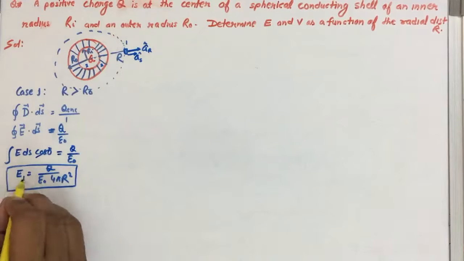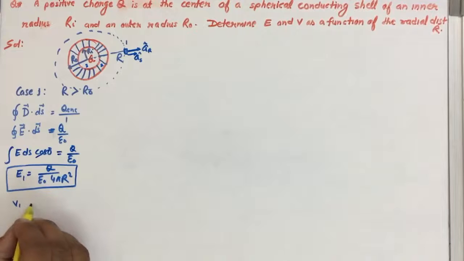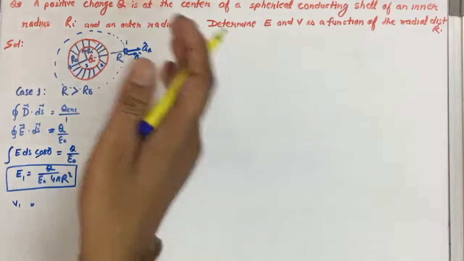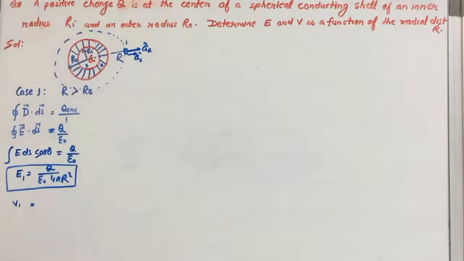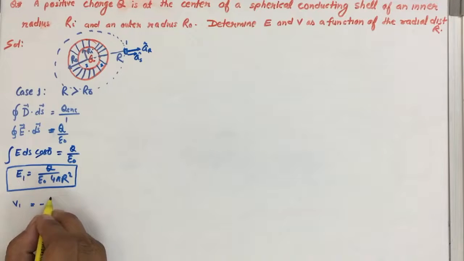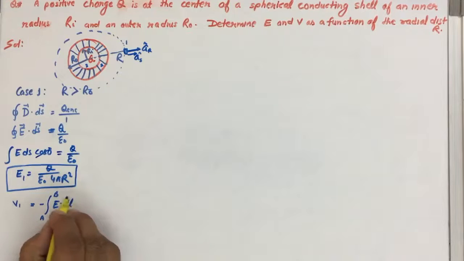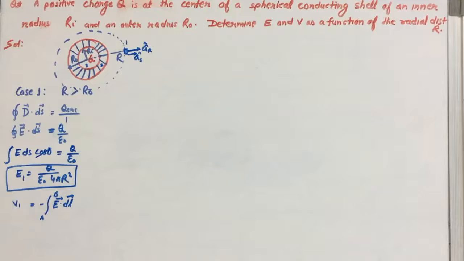So E at 1 is this, and V1 will be, we know one formula, to bring the charge from any point to this point will be potential, and that is nothing but potential difference. So we can write the general formula to find V in every case.